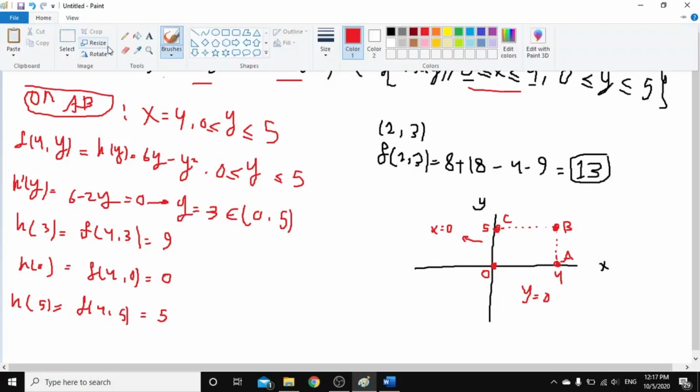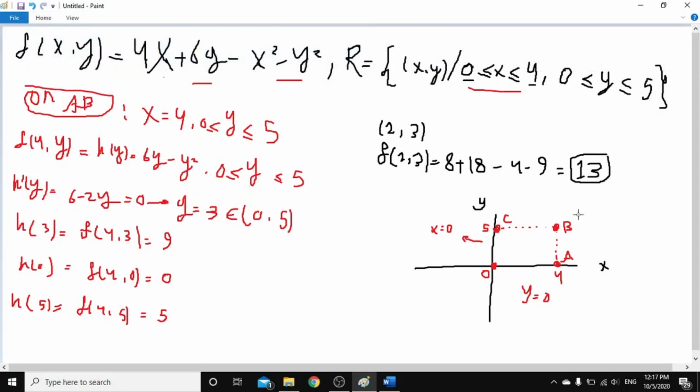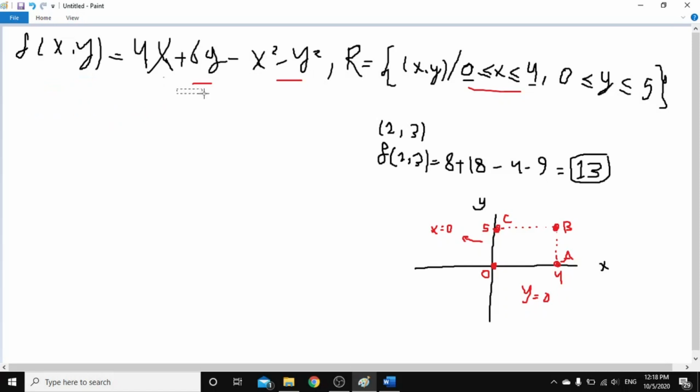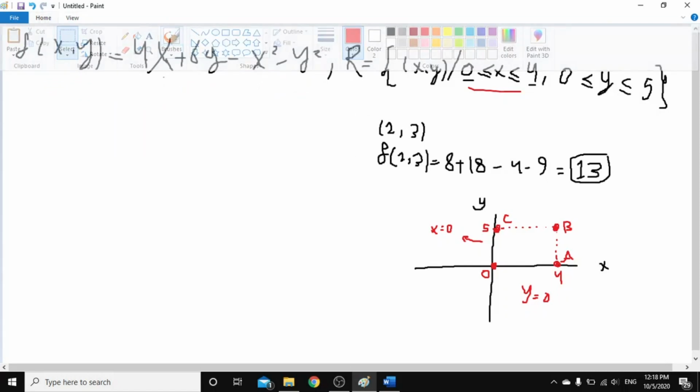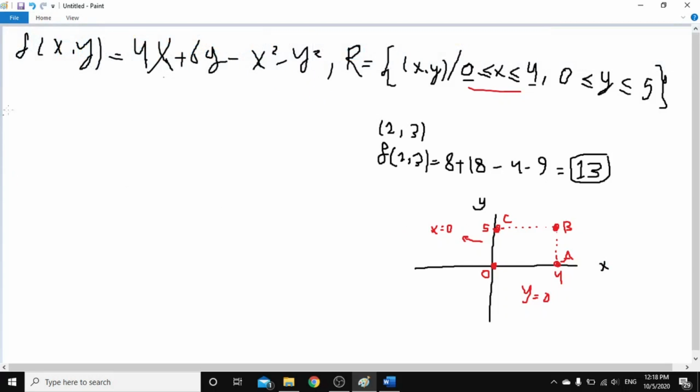Okay, last 2 steps left. We need to find from B to C, or BC and CO. Okay, so let's write from B to C, on line BC.